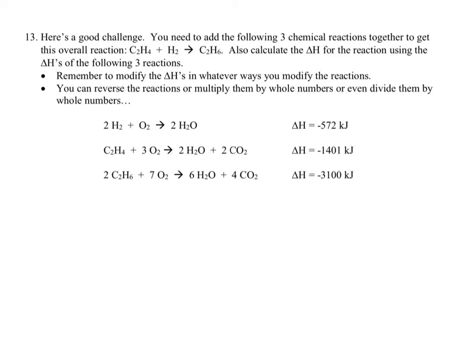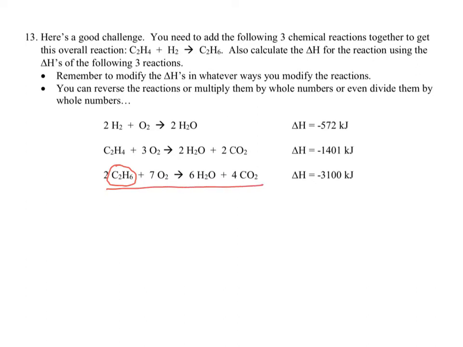So the first thing I see when I look at these three reactions is that the product that I want is listed as a reactant in that third reaction. And so what I'm going to do is take that whole reaction and flip it around. I'm going to rewrite it right below.